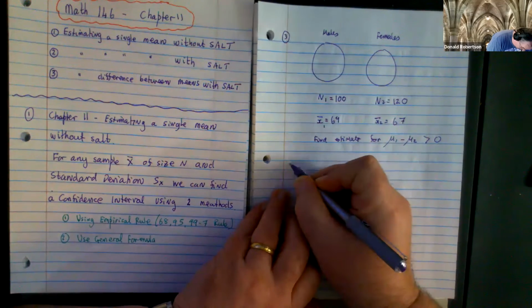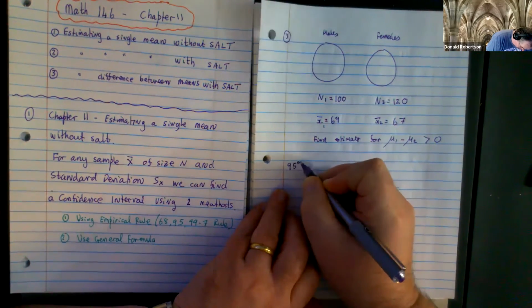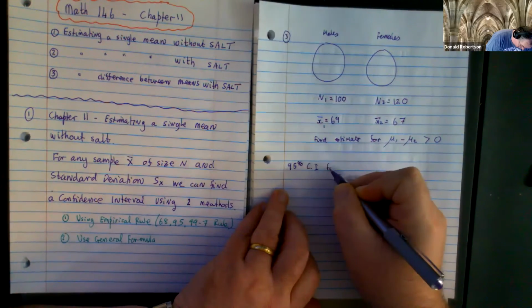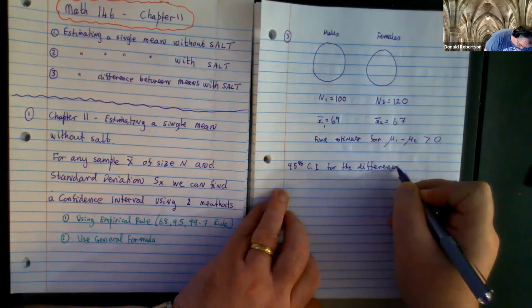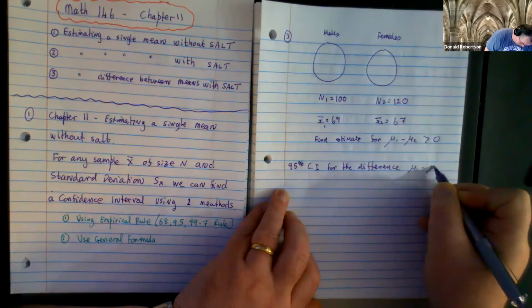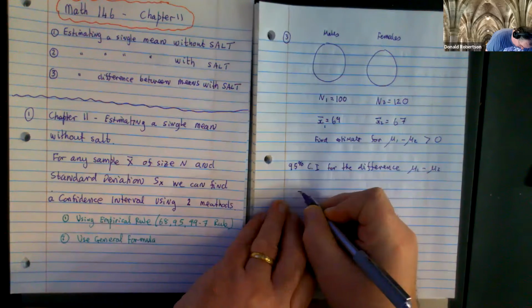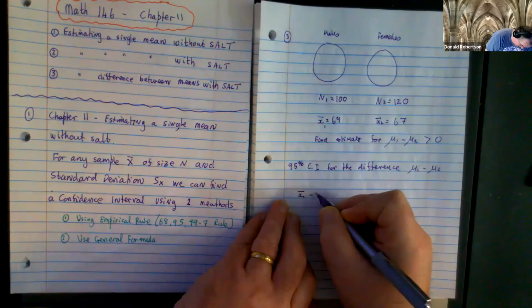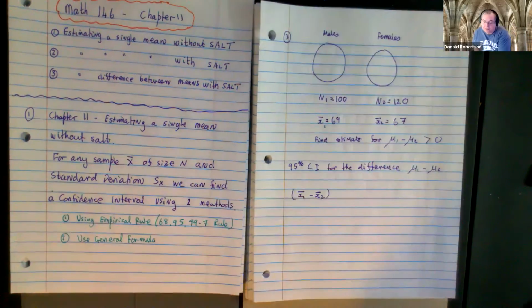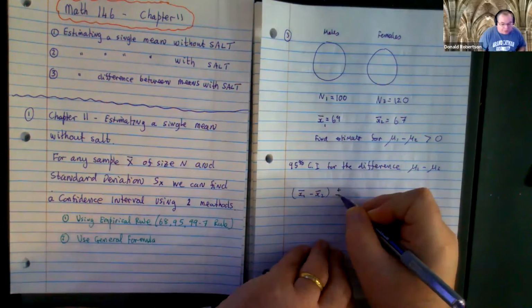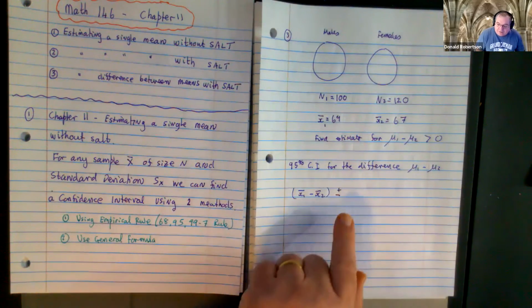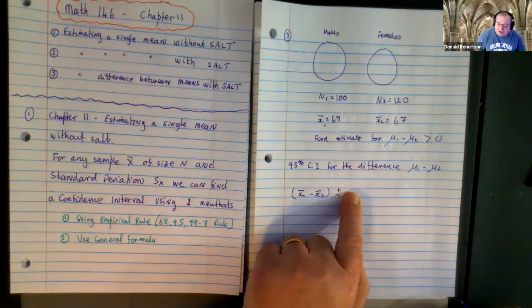So for instance, a 95% confidence interval for the difference between the two means is given by this formula: X1 bar take away X2 bar, plus or minus... anybody want to have a guess at what fixed unchanging number goes here for a 95% confidence? 1.96.